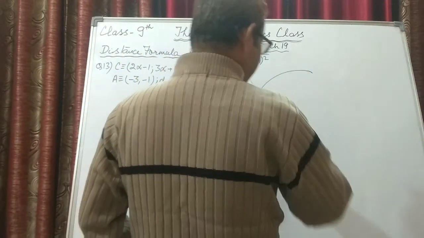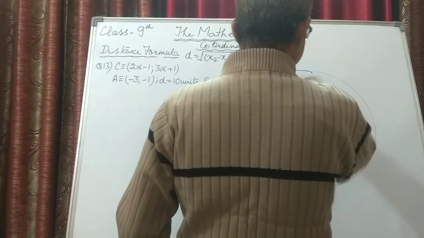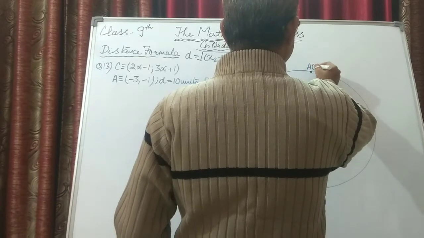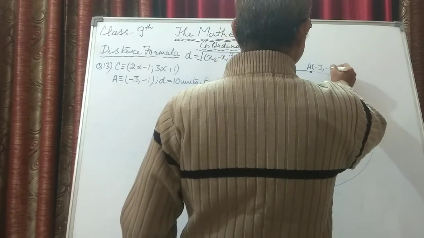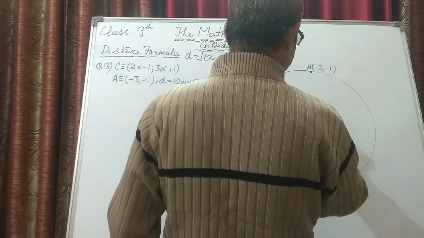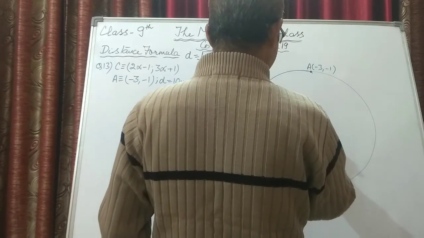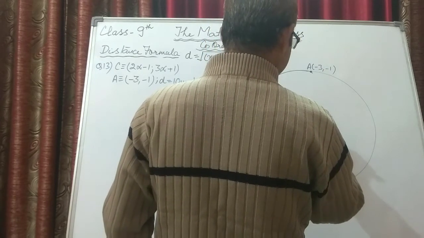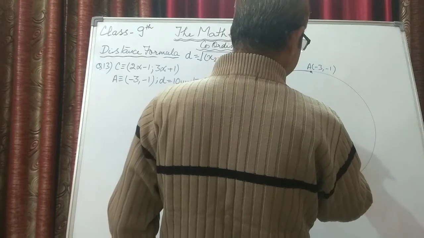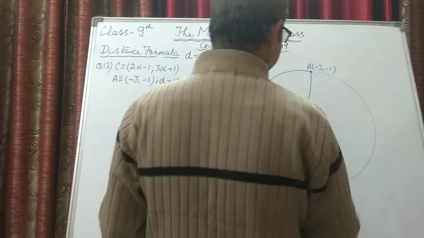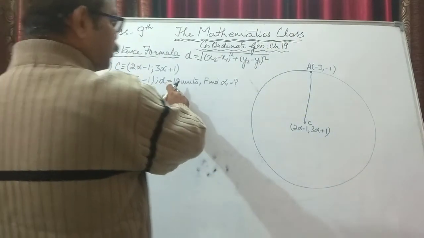So again it is the same question. Now suppose this is a circle. On this there is a point A, that is minus 3 comma minus 1, and suppose this is the center C of the circle, and the coordinates of center C are 2 alpha minus 1 and 3 alpha plus 1, and they say that the diameter of this circle is 10 units.